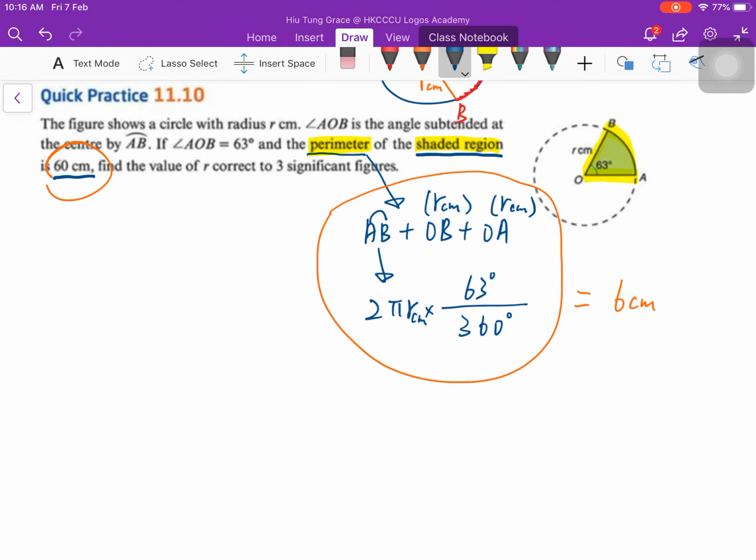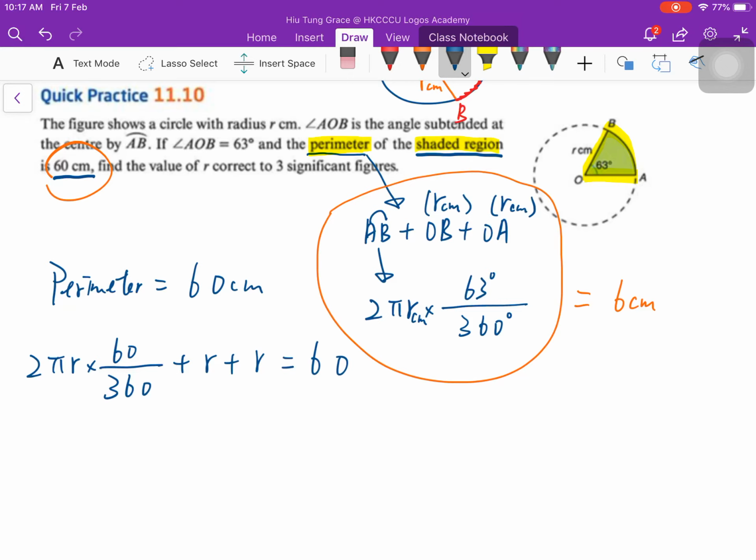The perimeter is equal to 60 cm, and it is equal to 2 pi r times 60 over 360 plus 2r, which is equal to 60.